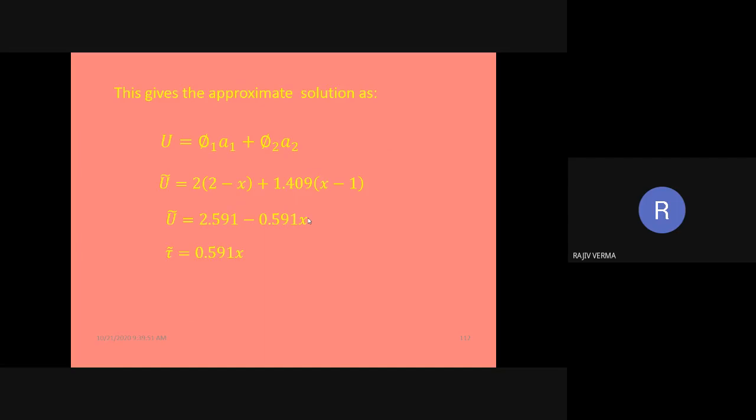Do remember that the flux has not been defined as du by dx. The flux has been defined as du by dx multiplied by x itself. So you can differentiate the expression of u, that is going to give you 0.591, and this has to be multiplied by minus x once again. So that gives you the flux to be 0.591.